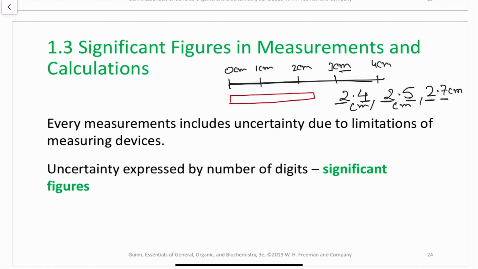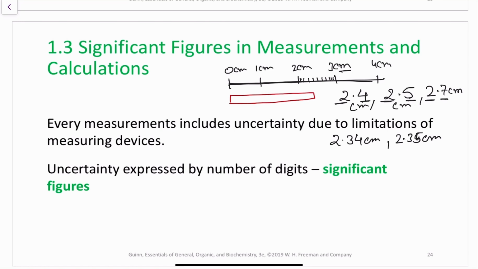But if we make this scale a little bit more precise by drawing some more marks between them, 1 2 3 4 5 6 7 8 9 10, now we can put more digits in our measurement. So this is 2, 1 2 3. Now you can say this number can be 2.34 centimeter, somebody will say 2.35 centimeter, and so on.